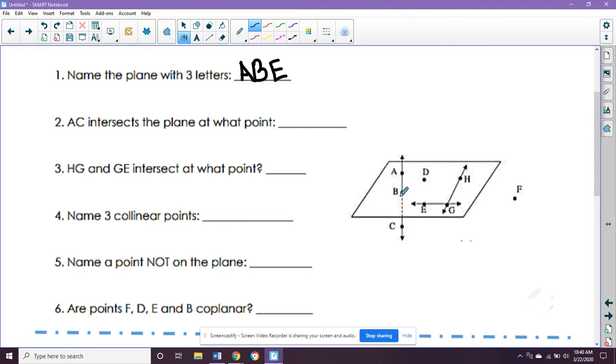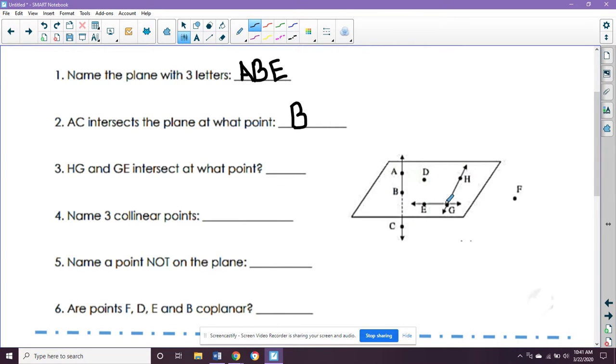as if you had a piece of paper laying flat. Your line's going right through it. So that's going and hitting through C. So AC is intersecting the plane right at B. HG and GE intersects at what point?